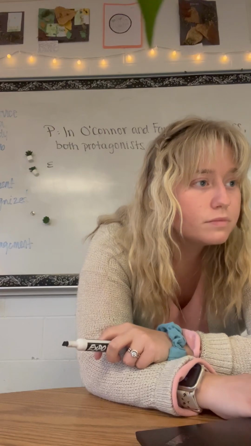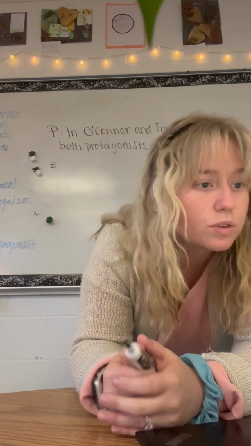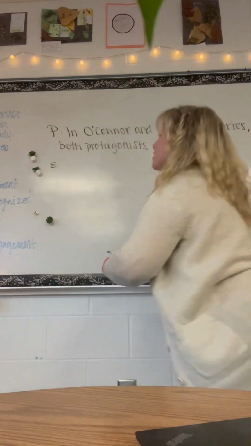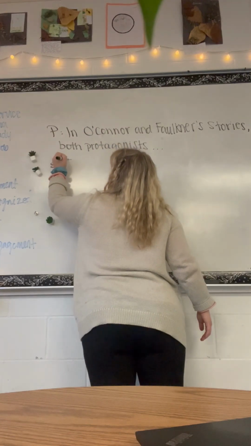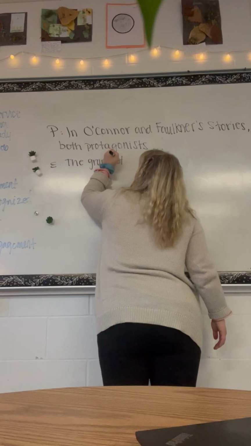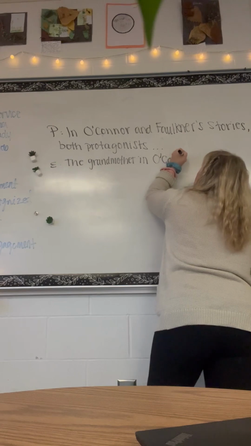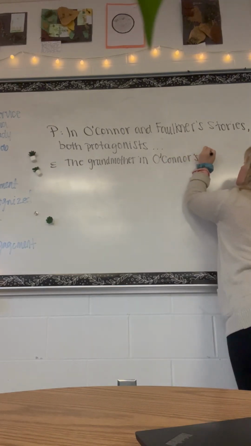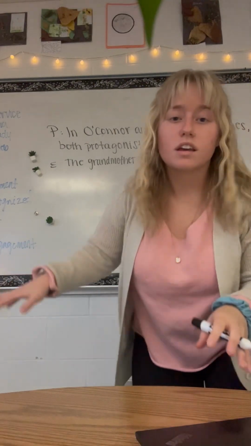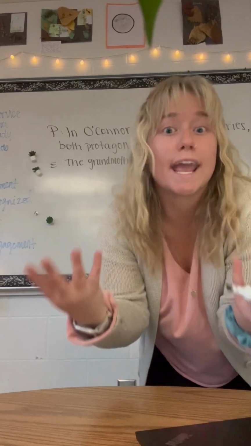So let's start with O'Connor's, right? So we'll start with the grandmother in O'Connor's story, and I'll let you finish from there. And then here's where you would tell me about how she resists the changing moral landscape, the change in general.